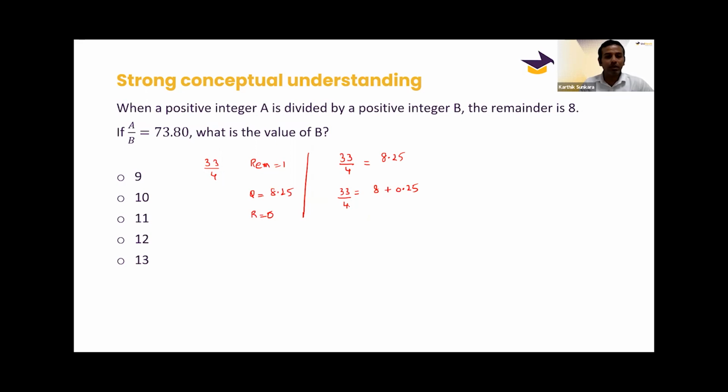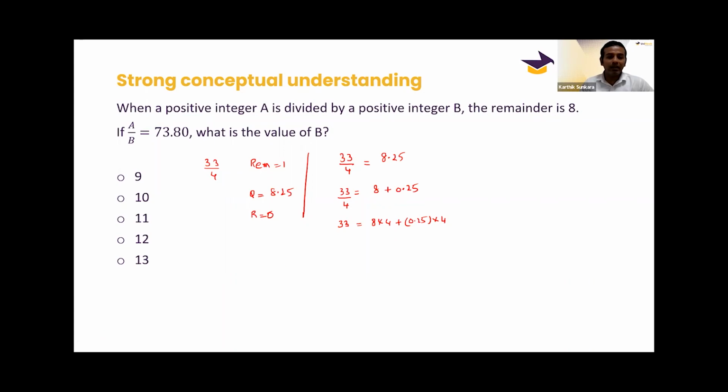Now I'm going to cross multiply this 4 to the right hand side. So this is 33 equals 8 times 4 plus 0.25 times 4, right?